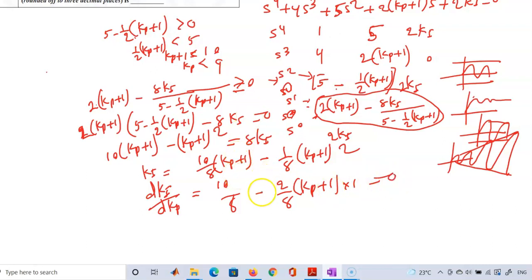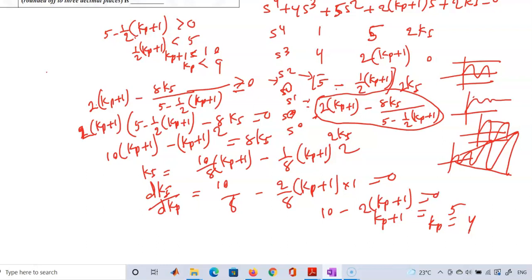When you equate to 0, you will find the optimum value of kp: 10 minus 2 into kp plus 1 equal to 0. So kp plus 1 equal to 10 upon 2, that is 5. So kp equal to 4.